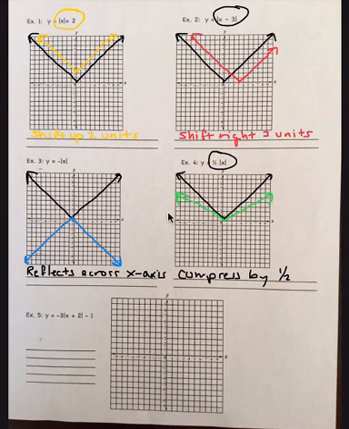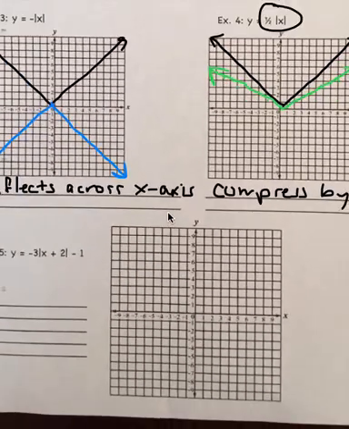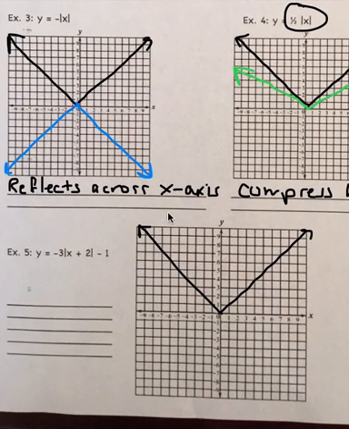All right, the very last question says y equals -3 times the absolute value of x plus 2 minus 1. So I'm going to put in our parent function here. And then we'll see what we need to do. So if we look, we have the minus. That reflects across x-axis.